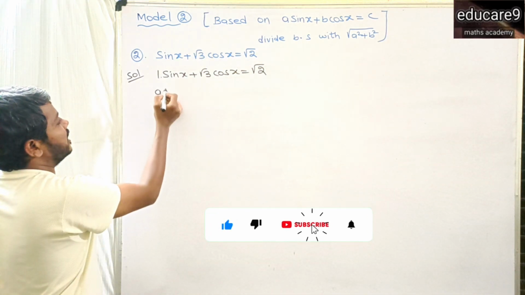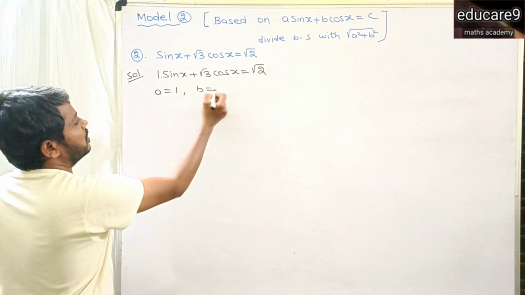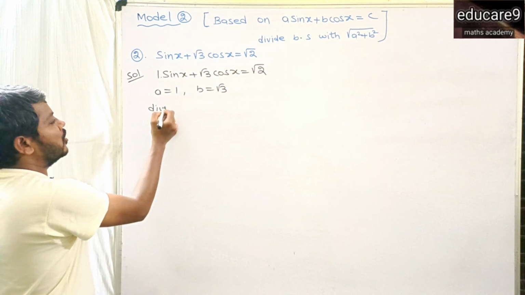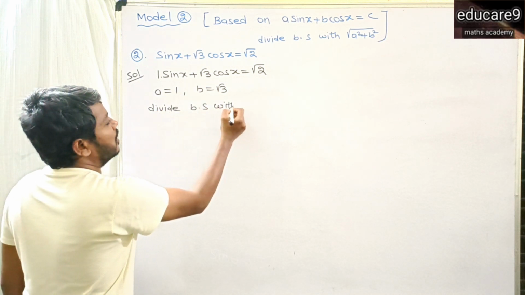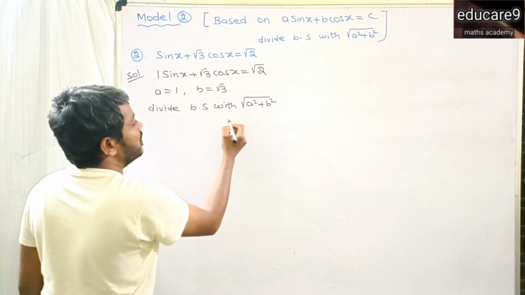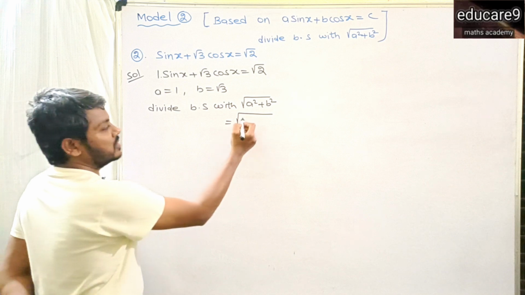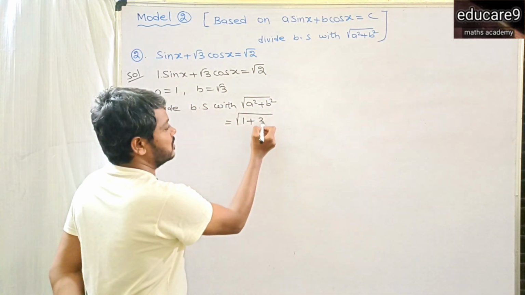Clearly, the coefficient of sin x is a, that is equal to 1. The coefficient of cos x is b, that is equal to root 3. Now, we should divide both sides with what? Under root a square plus b square. Clearly, what is a square? 1 square is 1, plus b square, root 3 whole square, that is 3.